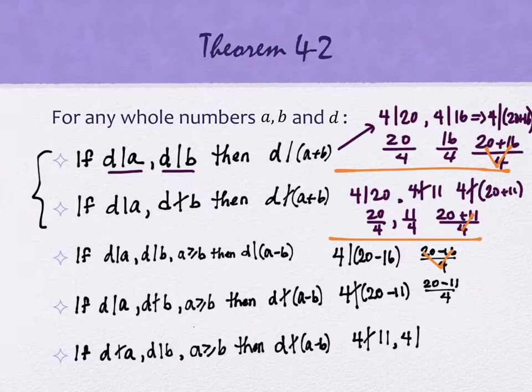And then I need a number that 4 does divide, but it has to be smaller than 11. 8, okay, so 4 divides 8. So the question would be, does 4 divide 11 minus 8? What would 11 minus 8 be? 3. Does 4 divide 3? No, this doesn't work. And one other way to think about it is because the fraction itself does not have divisible parts on the top. The 8 works, the 11 doesn't.